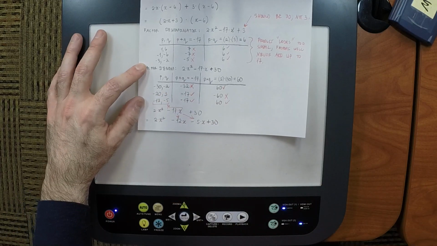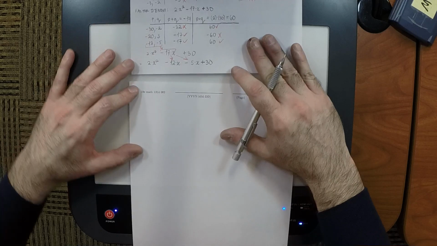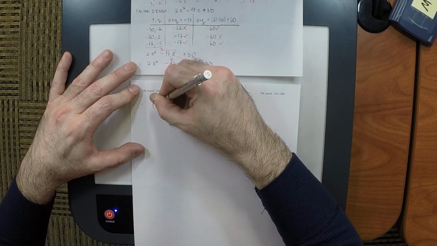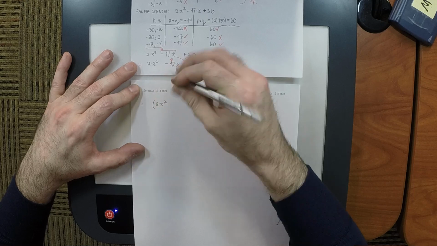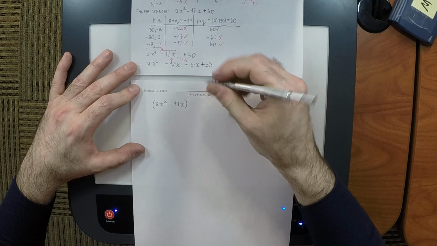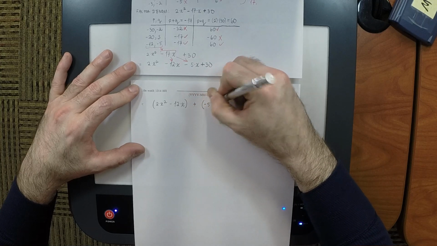Now that we have 4 terms, we can make 2 groups of size 2. So 2x squared minus 12x, and then plus negative 5x plus 30.